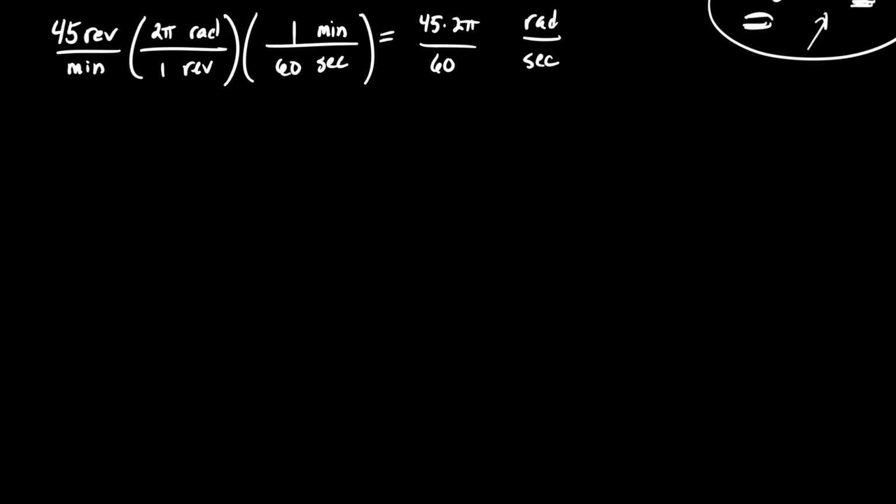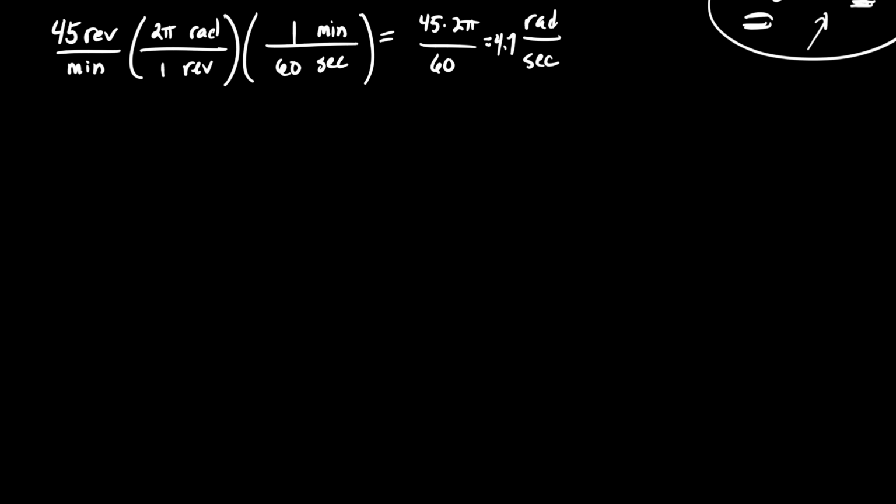So this is where you trust your calculator. I got 4.7 radians per second. Is that what you guys got? Excellent. So we now know the radians per second.